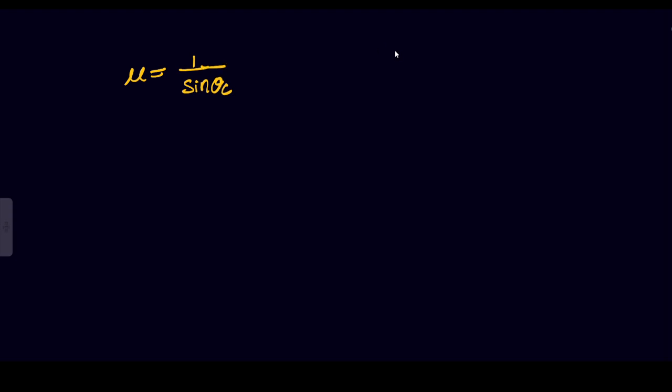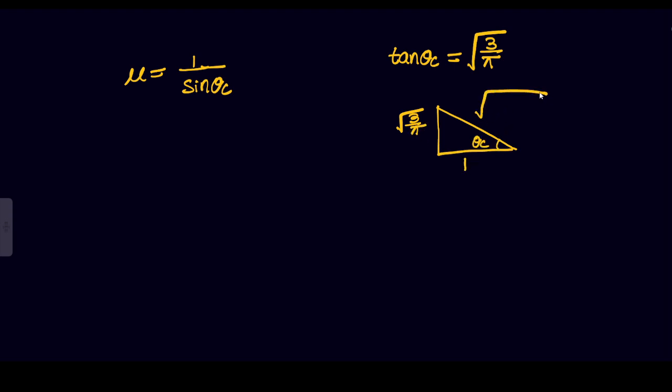So that is mu is equal to 1 by sine theta c. Now we have tan theta c, which is equal to square root of 3 by pi. From this, let's get the sine angle. So this we can write as root of 3 by pi by, this is 1, this angle theta c. So this will come to be root of 3 by pi plus 1.